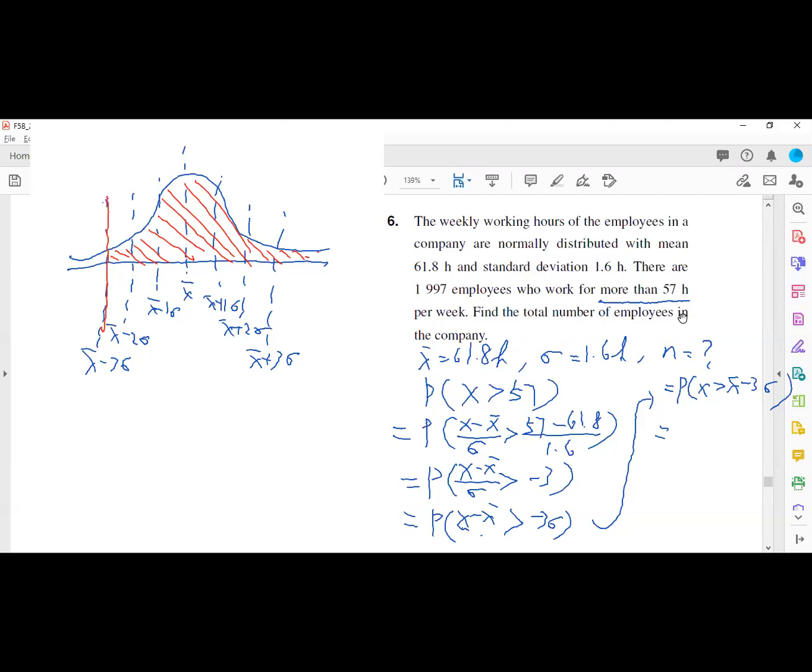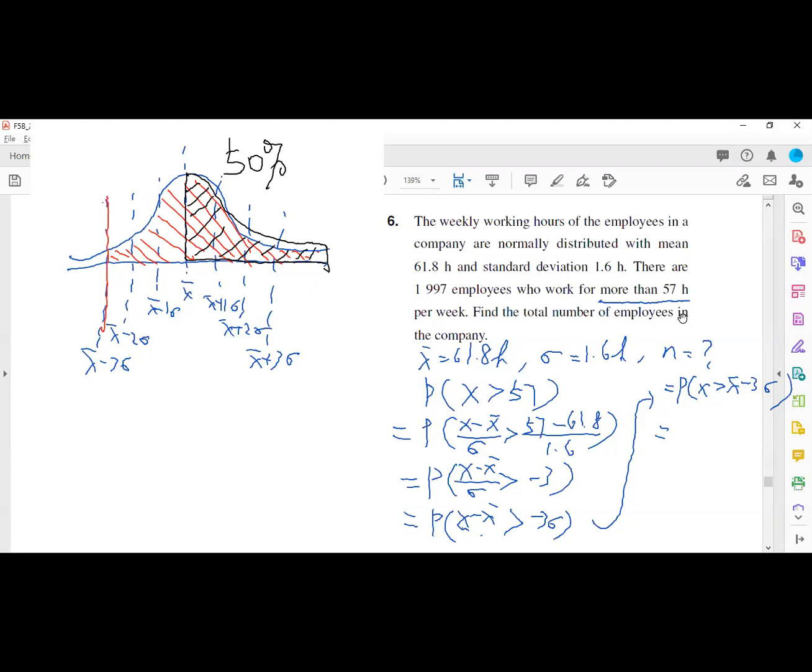Okay, the black part is this part, everything on the right, which should be 50%, because it is exactly half of the graph.